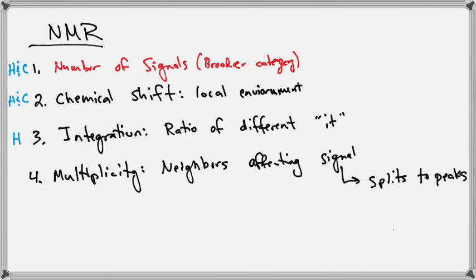The multiplicity has to do with neighbors affecting the signal. What are the neighbors? What is a characteristic of the neighbor? The neighbor must be magnetic. Because if it's not magnetic, it's not going to affect the magnetic signal, and therefore is irrelevant to multiplicity.